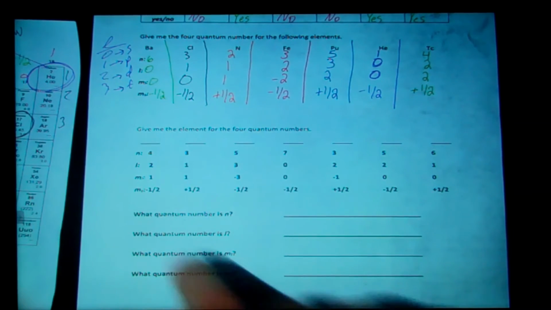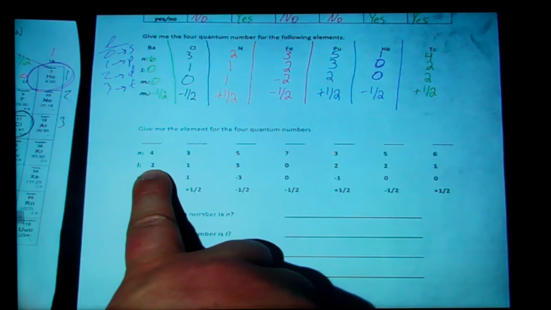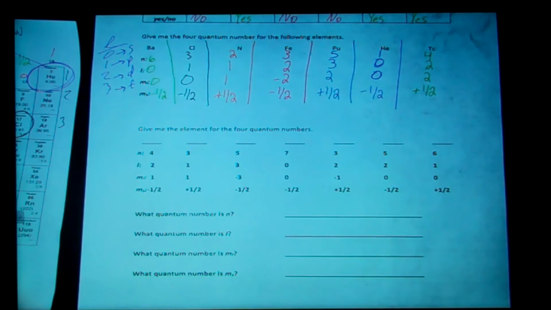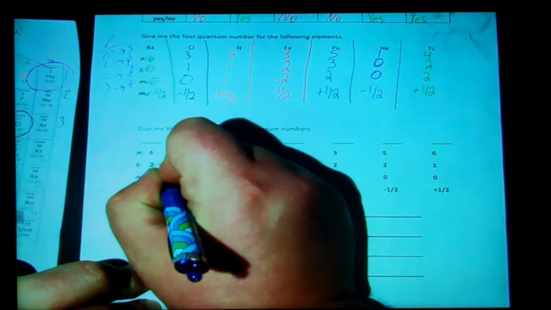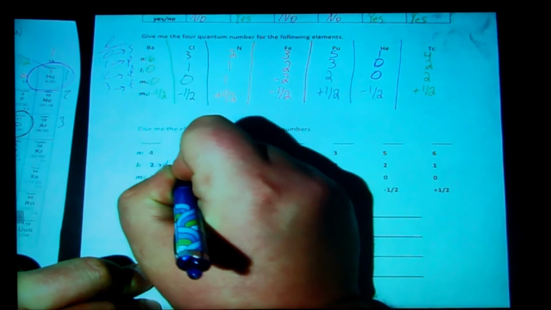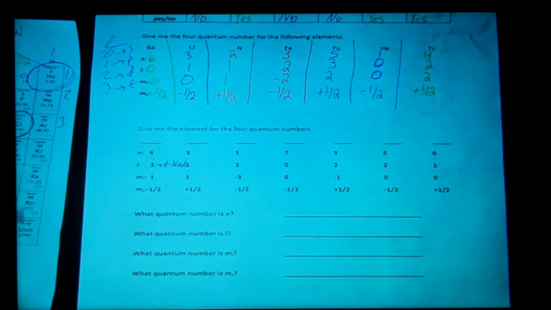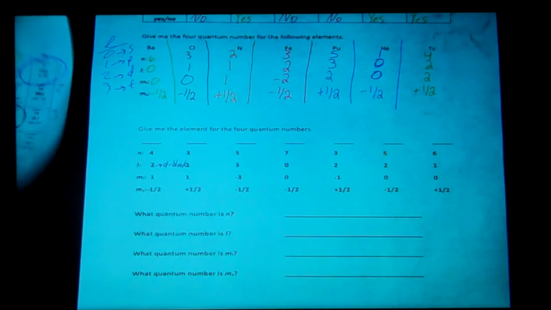So let's start. First here, remember, always start with L, because L is going to tell me a lot. So let's look at L. L is 2, which tells me I'm in the D block. This is what's important with the D block.